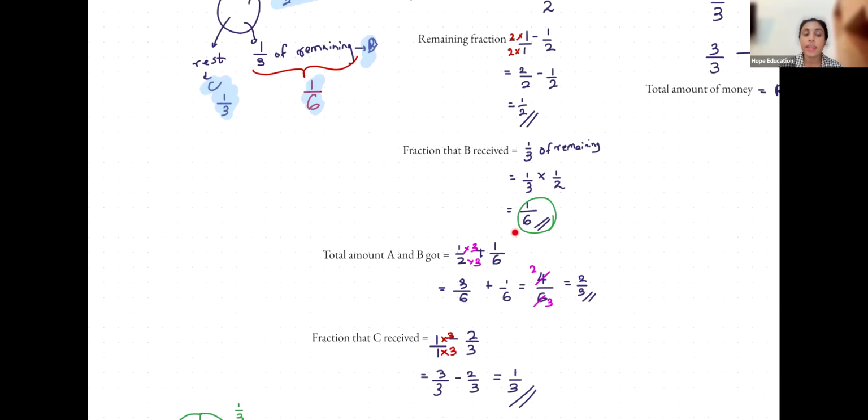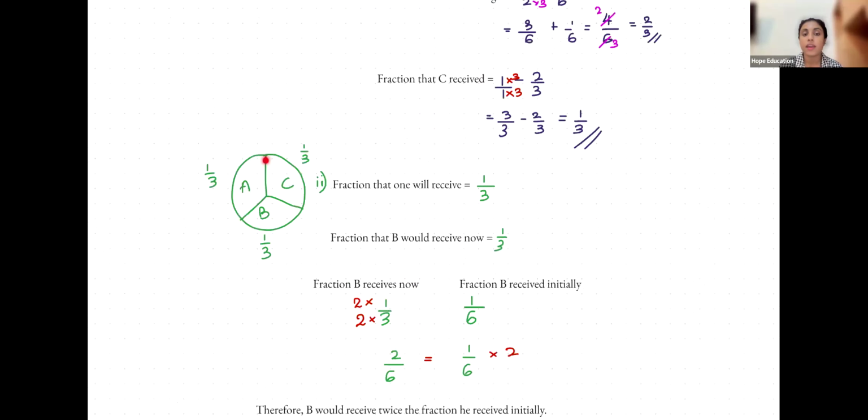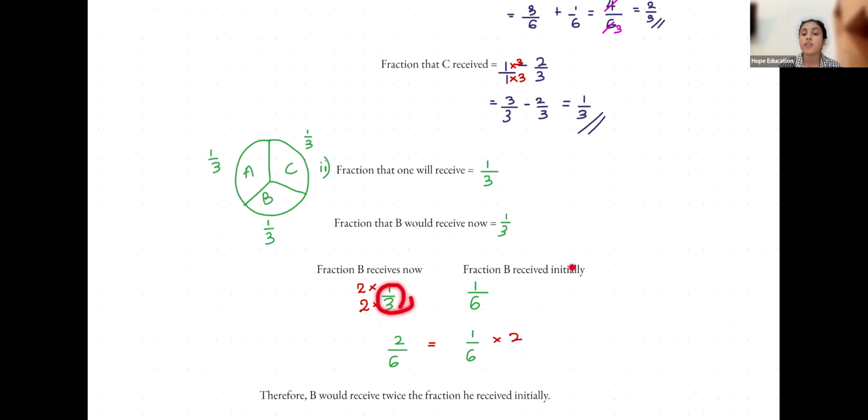According to the new way, if they were divided equally, everybody will receive 1 over 3, right? Think of a cake divided equally into 3 parts, giving one part to each person, that would be 1 over 3. Just like that, if this amount of money is equally divided into 3 parts, one of them will receive 1 over 3. So the fraction B receives now is 1 over 3, and the fraction B received initially is 1 over 6. Is that clear, Sasheli?